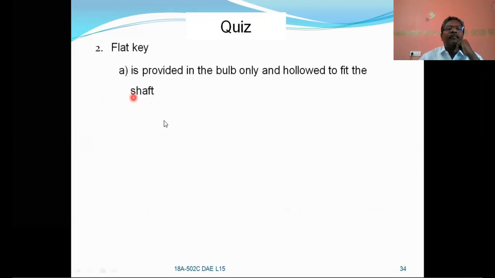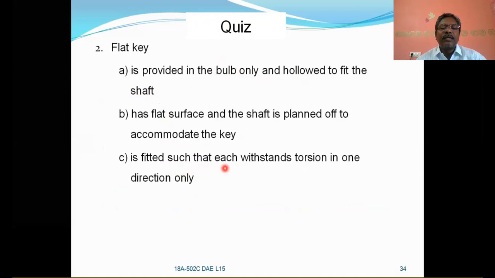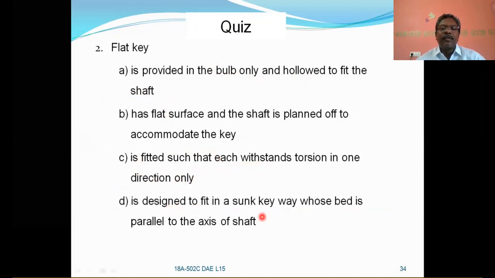And flat key is provided in the hub only, and hollow to fit the shaft, has a flat surface, and the shaft is planed off to accommodate the key, and is fitted such that it withstands torsion in one direction only. This is tangent key, and designed to fit the sunk key. This is wrong, and only the flat key. This answer is wrong. B is the right answer.